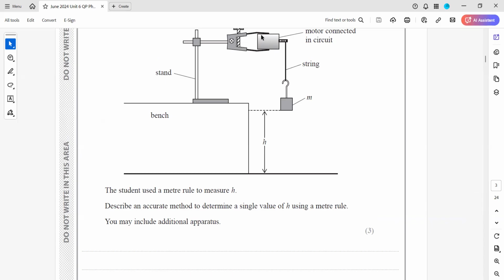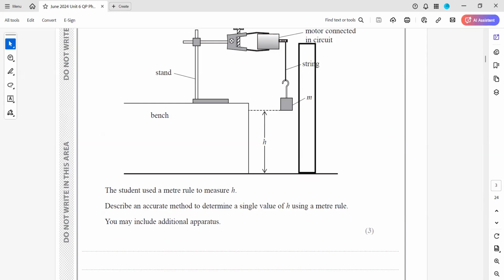Because here we have only a single height, you can also do it if you measure two heights. You want to measure this height h. What you have to make sure is that the meter rule or the scale should, first thing, be vertical.